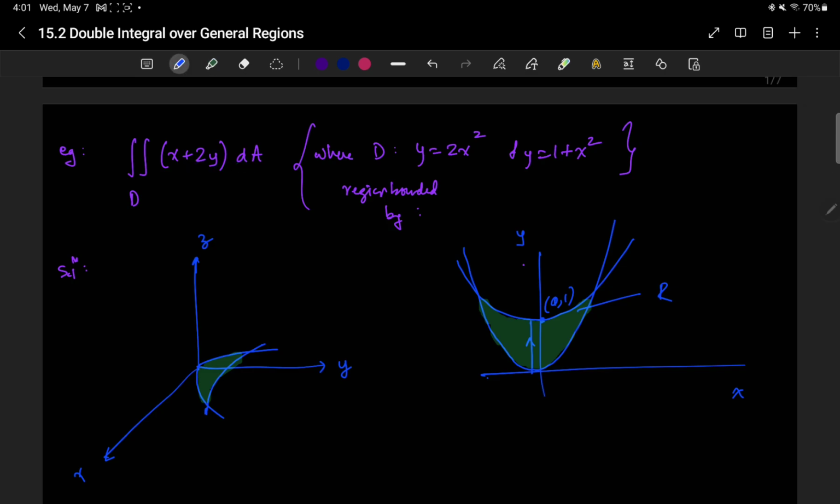That's your surface. So that's z equals x plus 2y, which means it's a plane. It's a plane that goes through the origin. When x is 0, it's z equals 2y.